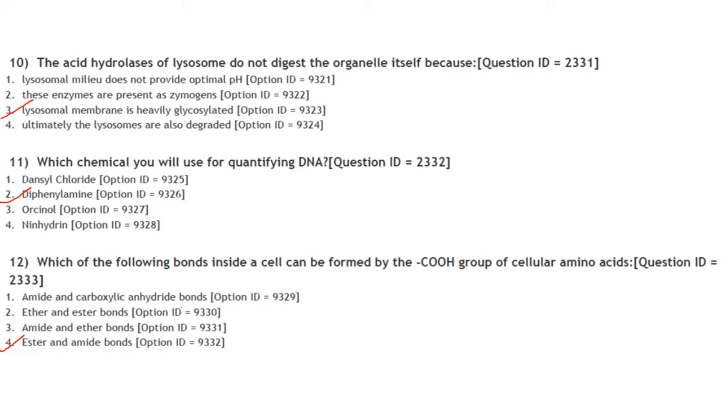In this process, the hydroxyl part of the acid is replaced by an NH2 group, and the reaction takes place in the presence of the enzyme glutamine synthetase or asparagine synthetase. So it can form both ester and amide bonds. Answer is option 4.